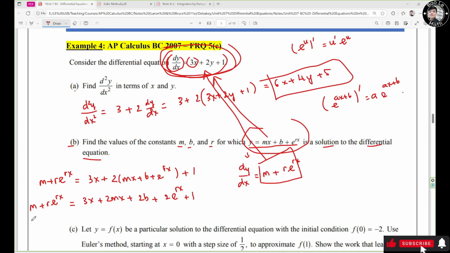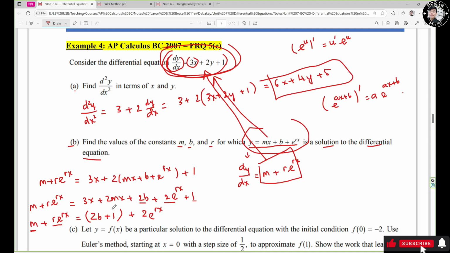Now I need to group this one, so m plus r times e raised to the rs equals, look at this one right here, m is a constant. So the constant right here, 2b plus 1. Next, r times e to the rs, so it will be 2 times e raised to the rs.